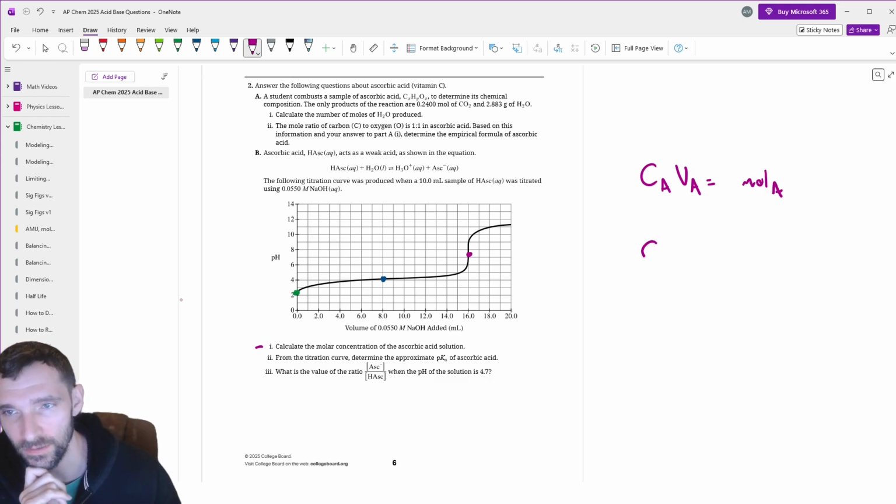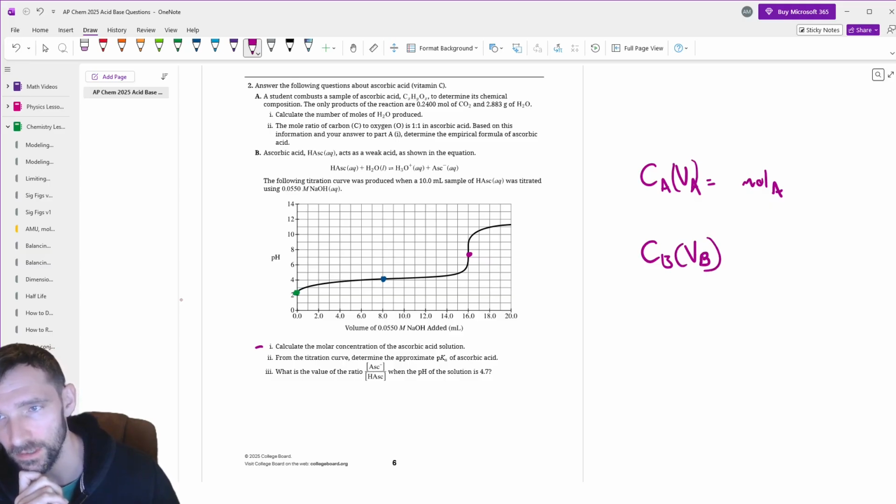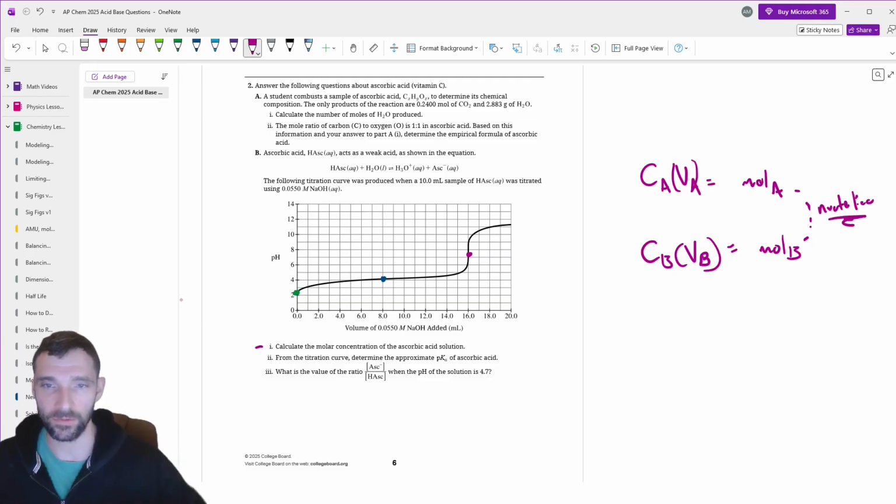And then there's also some base that has been added with some volume of it to tell you how much of that base is present. And these two things should neutralize or cancel out. When you're at that equivalence point, this is when the acid is no longer buffering the solution and it's just basically been pulled forward all the way.